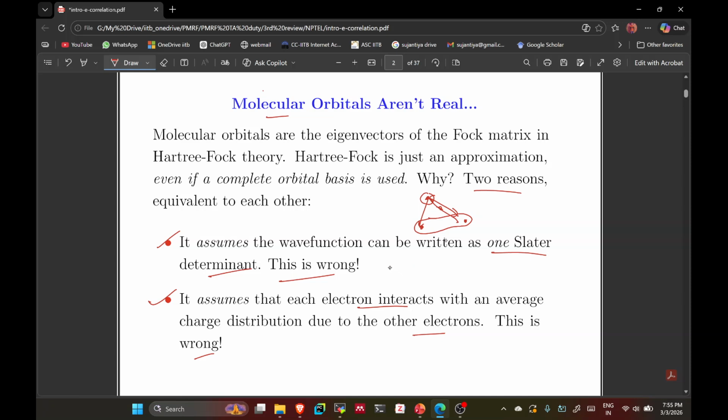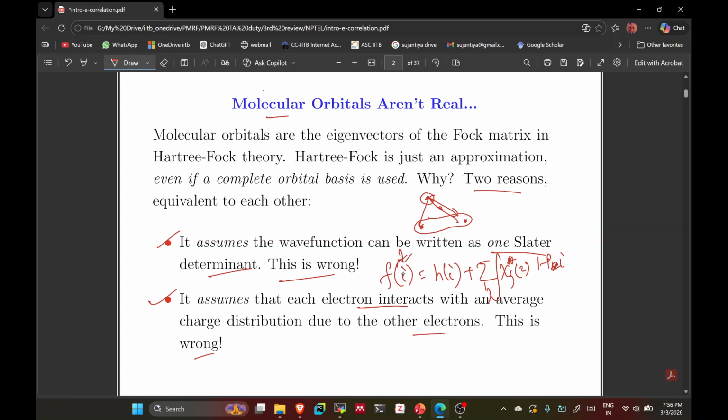Because your Fock operator, F_i, is h_i plus the summation over j of the integral of chi_j star of 2, one over r_i2, chi_j of 2, with the exchange term, because I'm writing the Fock operator for the ith electron.